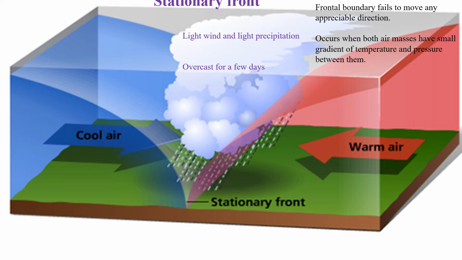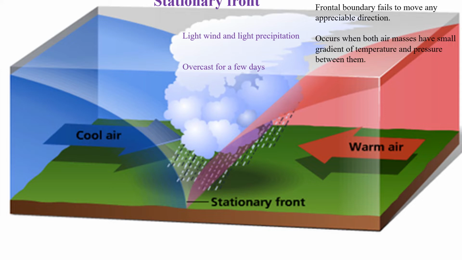So they are stuck, and the warm and cold air masses mixing together in the boundary layer actually create some cloud. Sometimes in a stationary front we get light precipitation; during the winter we get light snowfall, and during a hot summer day we sometimes get overcast.